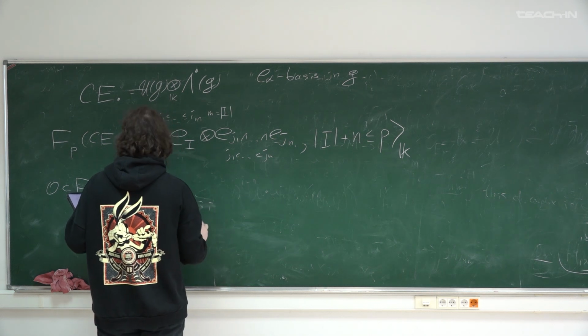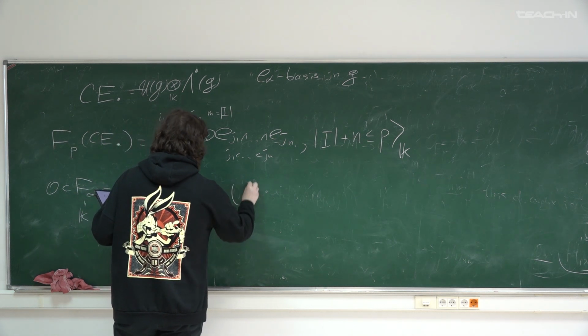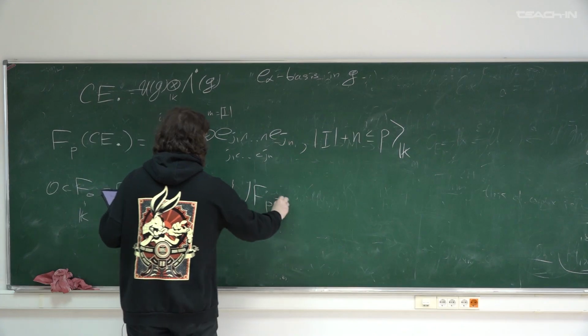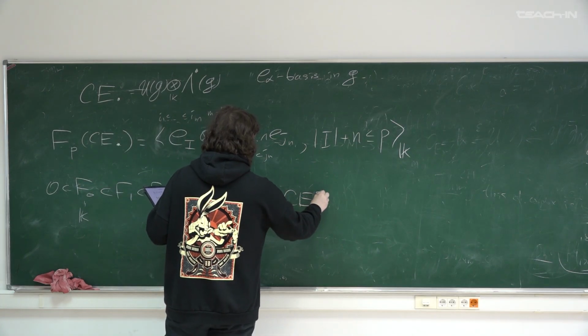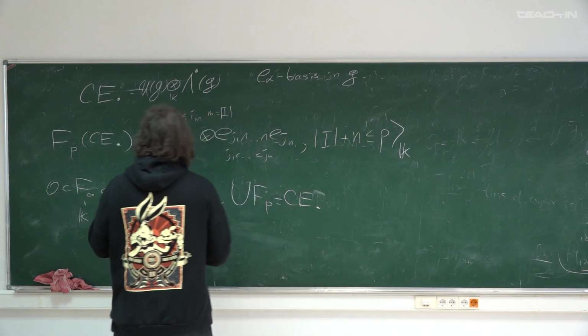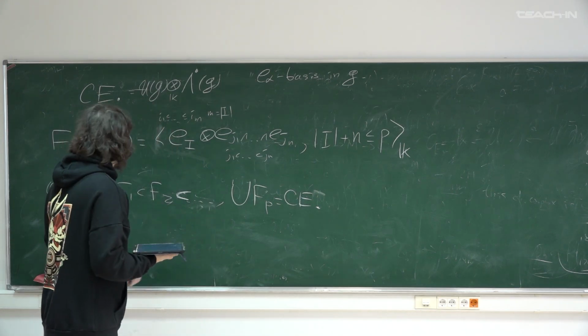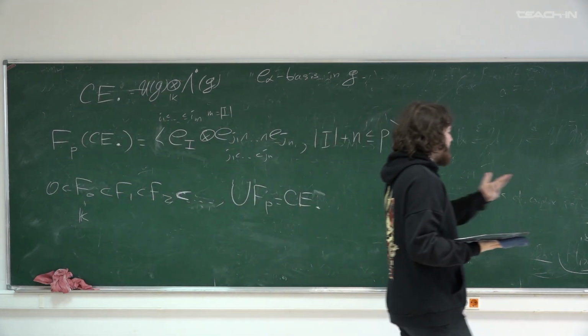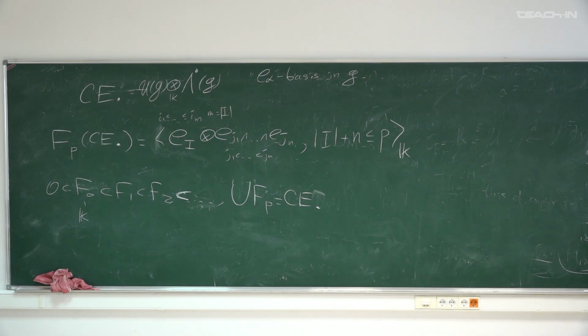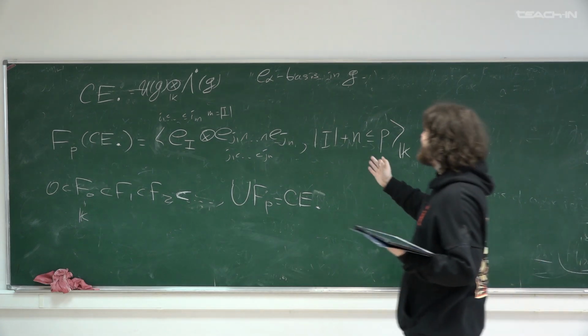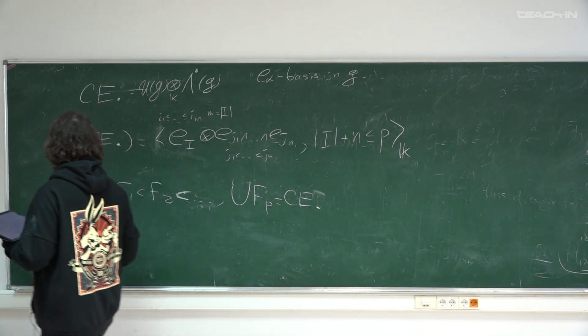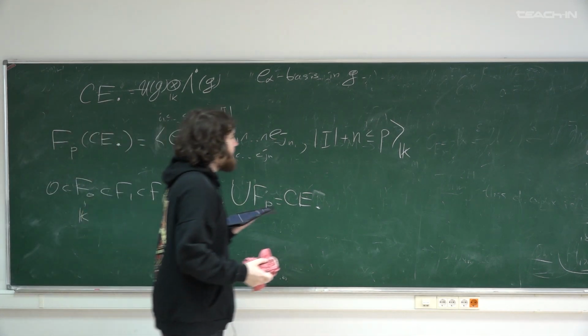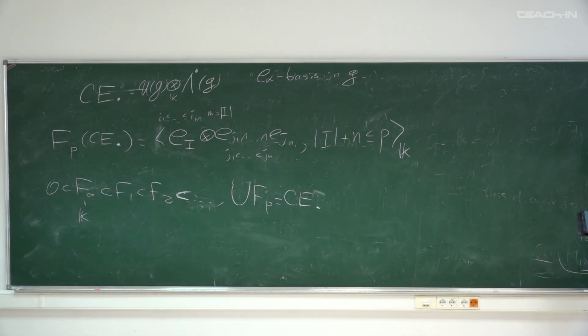But it's an increasing filtration, and the union of all of them is our whole Chevalley-Eilenberg complex, because any element is a sum of a finite number of such things, and we have a maximal length of these things. So we can construct a spectral sequence from this filtered complex.